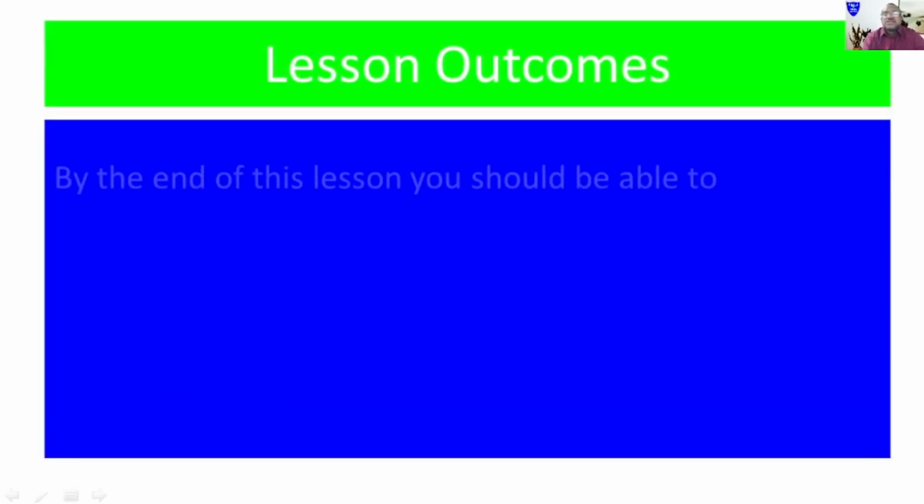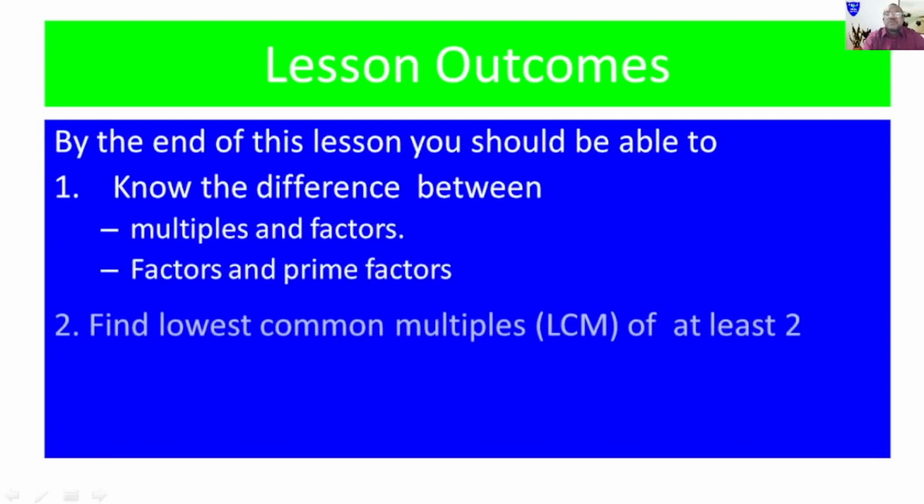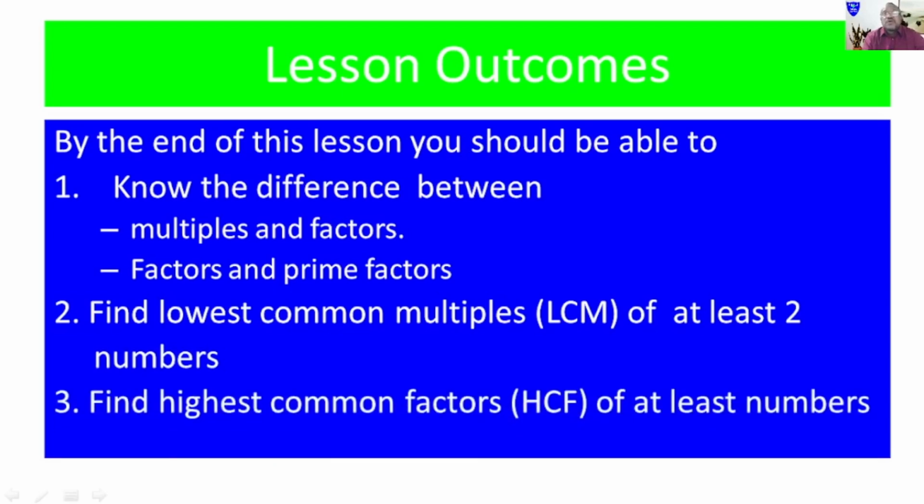By the end of the lesson, guys, you should be able to know the difference between multiples and factors, factors and prime factors, and then you should be able to find the lowest common multiple of at least two numbers, and also be able to find the highest common factor of at least two numbers.